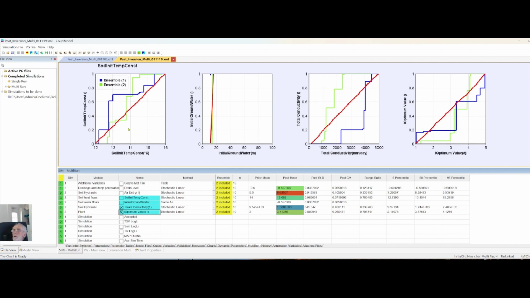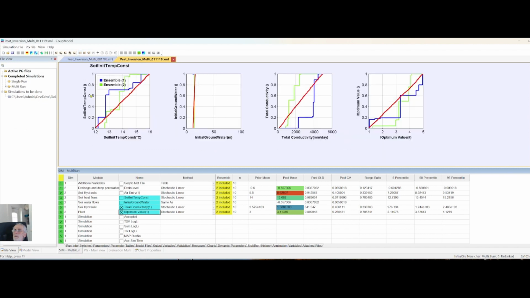So obviously I will also take the drain level in the same way, take one more here, and then you see the drain level, and that was very strongly constrained. The blue line is all to the left, and the green one for ensemble 2 is somewhere in the middle, but strongly constrained.